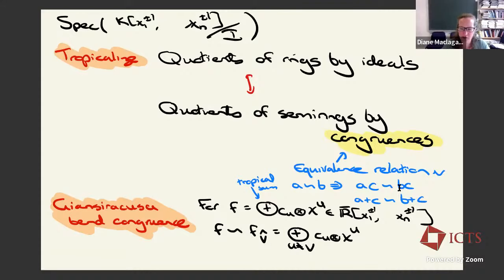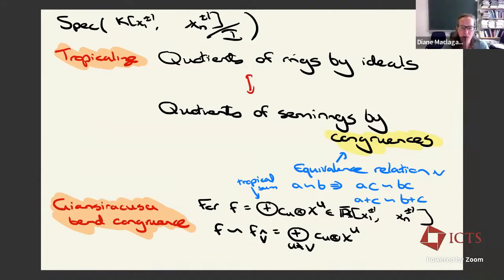So the idea is as follows. If I have a polynomial in the semi-ring of tropical polynomials, so I've written it here as a tropical sum of c_u tropical times x to the u. So c_u here is an element of my tropical semi-ring. I'm going to form the relation. I'm going to take a term x to the v that shows up.